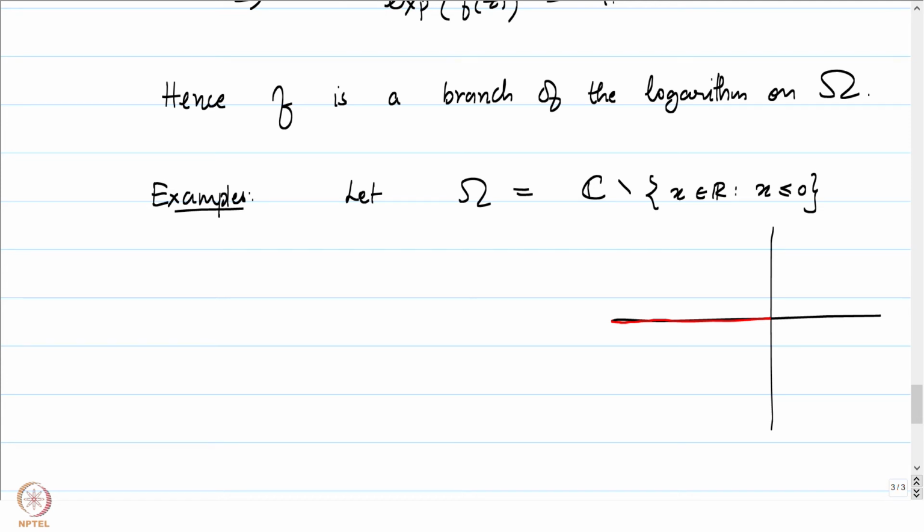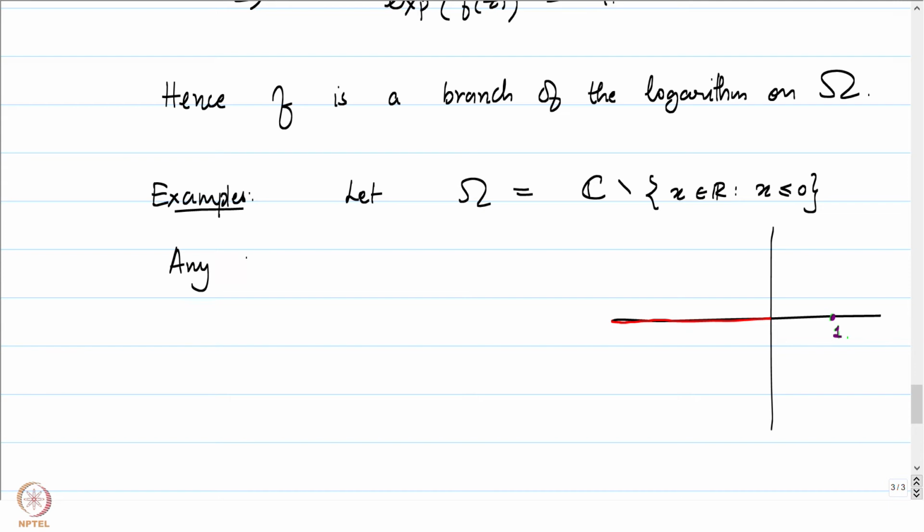Now the first observation here is to see that if you pick the point 1 here, any point on omega, where omega is C minus the set of x such that x is less than or equal to 0, can be connected to the point 1 by a straight line.